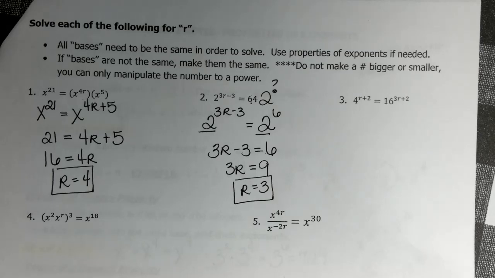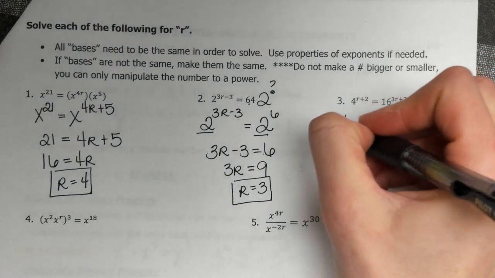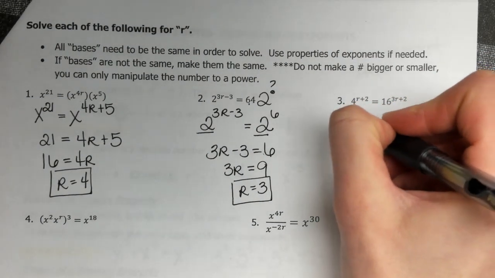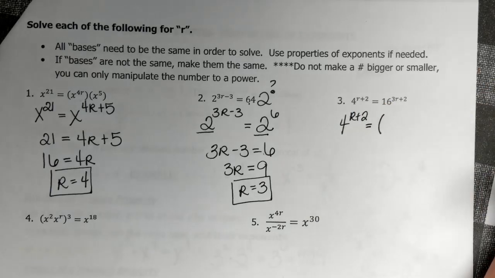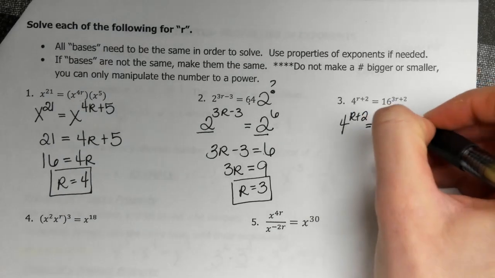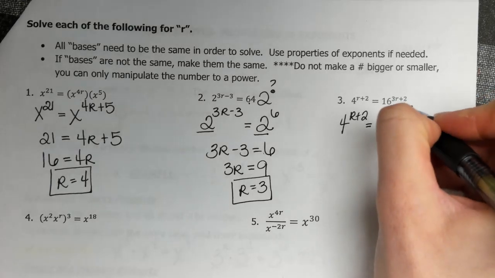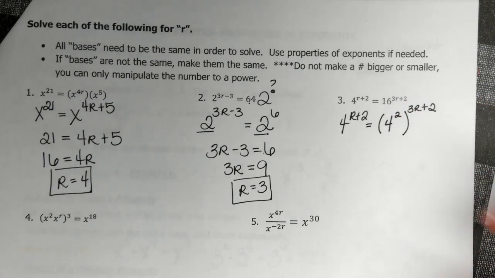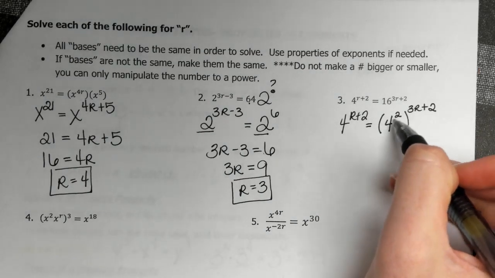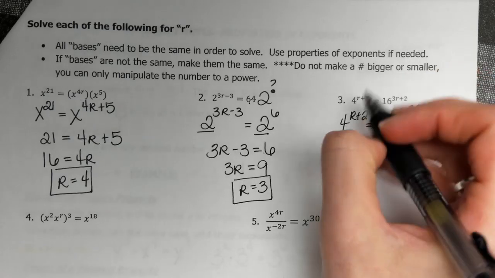So then 4r plus 2 equals 16, 3r plus 2. Can I manipulate 16 to become 4? Yes. Okay, so 4r plus 2 is equal to 16, which is 4 squared, and that is raised to the 3r plus 2 power. Now, what happens when I have a power raised to a power?